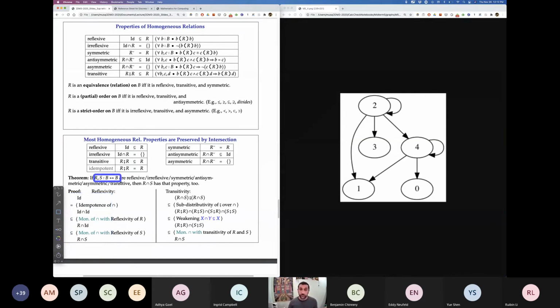Two relations are reflexive means the graph R has loops everywhere, and the graph S has loops everywhere. And then when I take the intersection, I'm saying, let me look at the common subgraph that belongs to R and belongs to S. Now, since R has self-loops everywhere, and S has self-loops everywhere, and the intersection is a common part, the intersection should obviously have self-loops everywhere. And that's what this theorem proves.